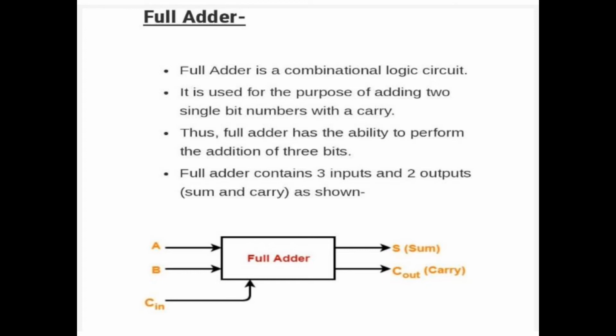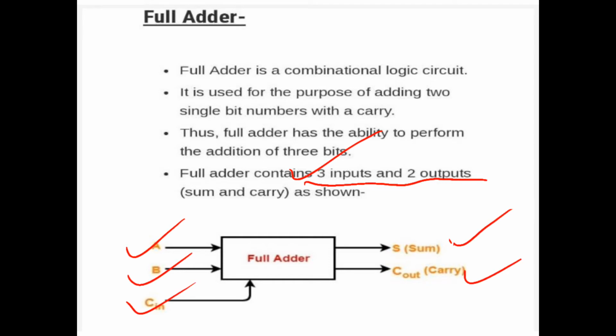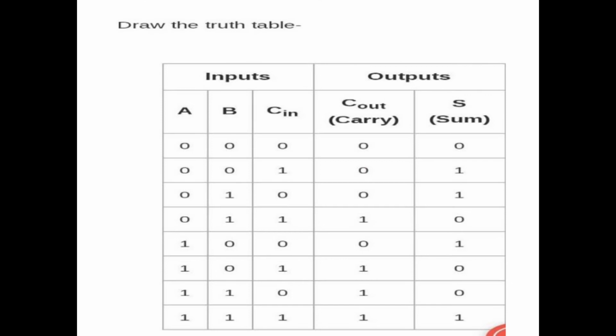Secondly, full adder. As I told you, we have 3 inputs and 2 outputs. The 3 inputs are, like in the previous problem, 3 inputs. In the full adder also we have 2 outputs, sum and carry.